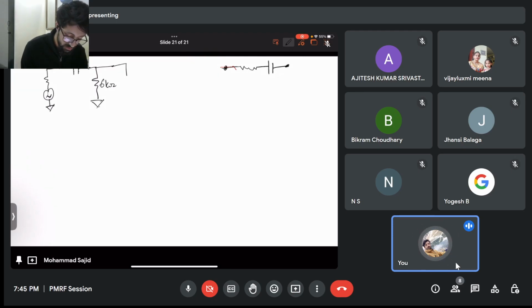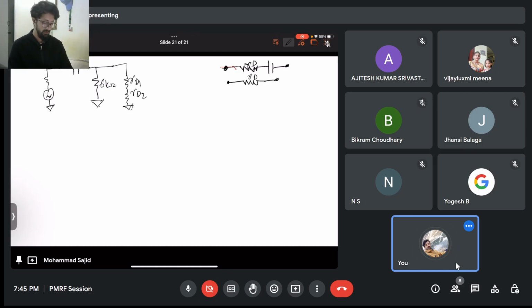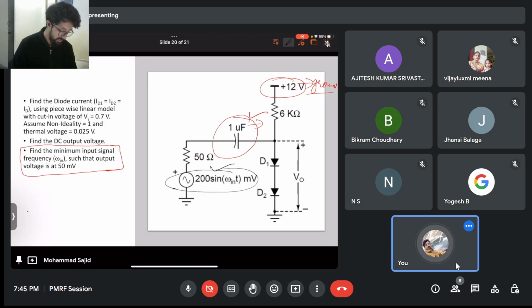So in the small signal equivalent circuit, we just replace the diode with a resistor, right? And we short this battery. So we will have two resistors here, RD1, RD2, right?